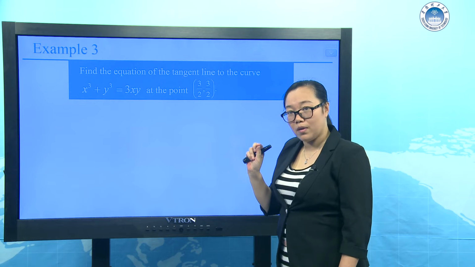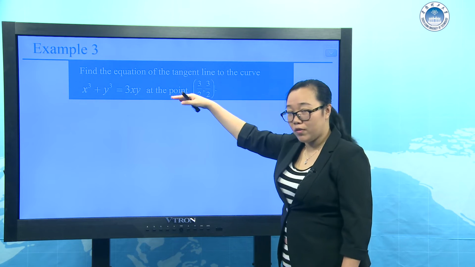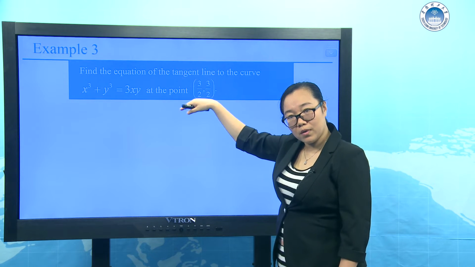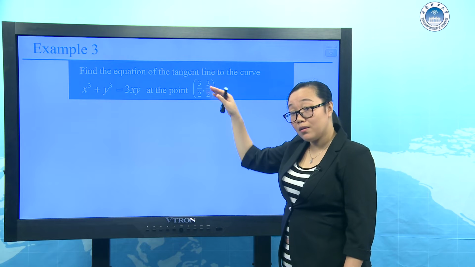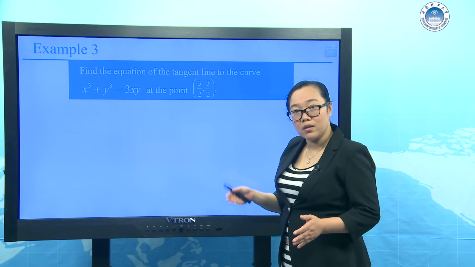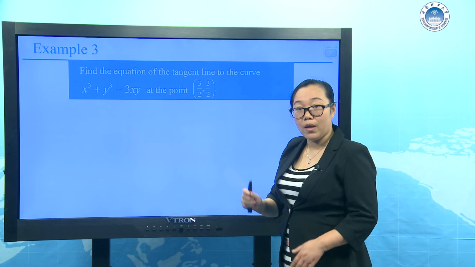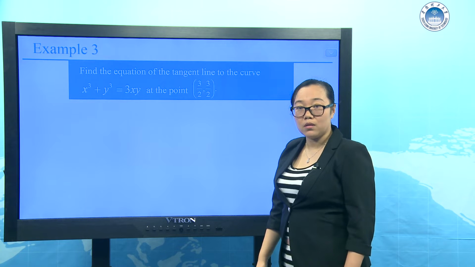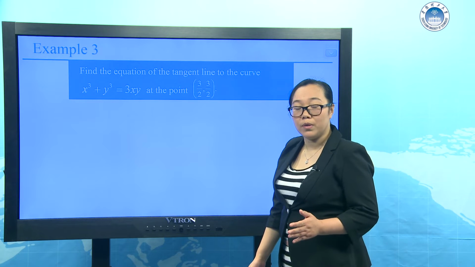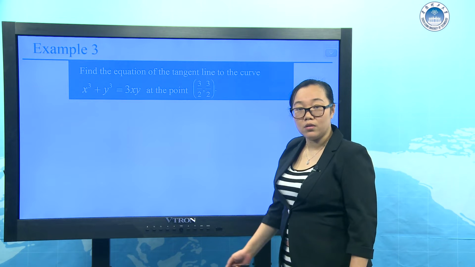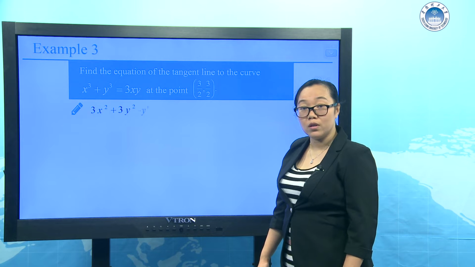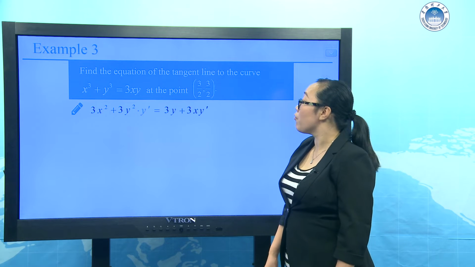There are two conditions. The first is passing through the given point, and that condition is given. The other condition is to get the tangent line slope. How to get the slope? The slope has the meaning of the derivative. So first, we can do the derivative for y.